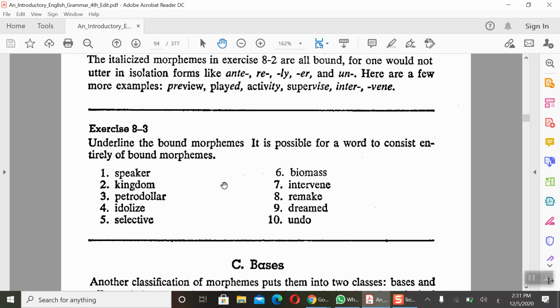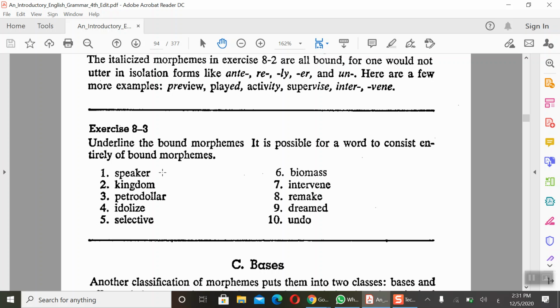You see here, you have this. Okay, speaker. Yes, tell me about speaker. What is the free morpheme of speaker? Yes, tell me. Good. Speak is what? Good. Free. Er is what? Bound. So here, speak alone, does it have meaning? Yes.